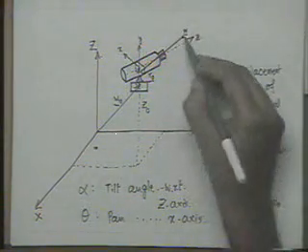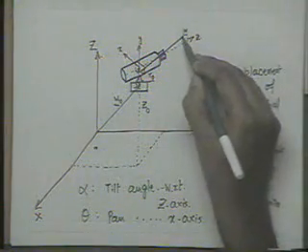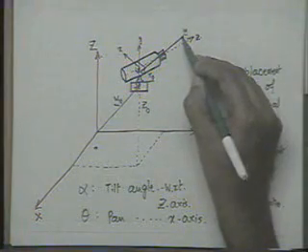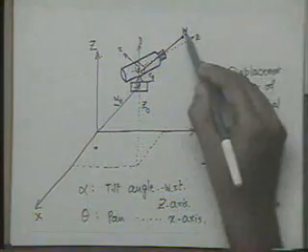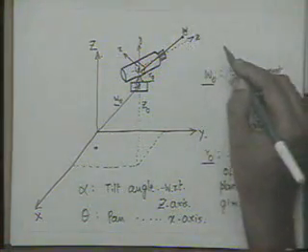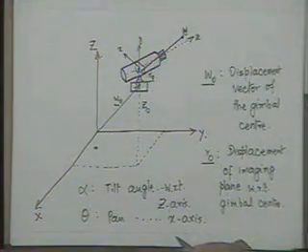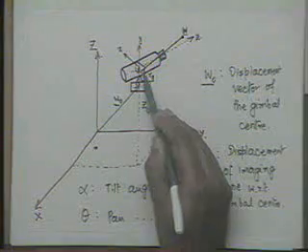And then we are assuming that there is a point in the world space which is given by the vector W. So the W vector, as before, indicates the world point, that is to say the object point, and we are taking the image of this point W onto the imaging plane which is shown over here.